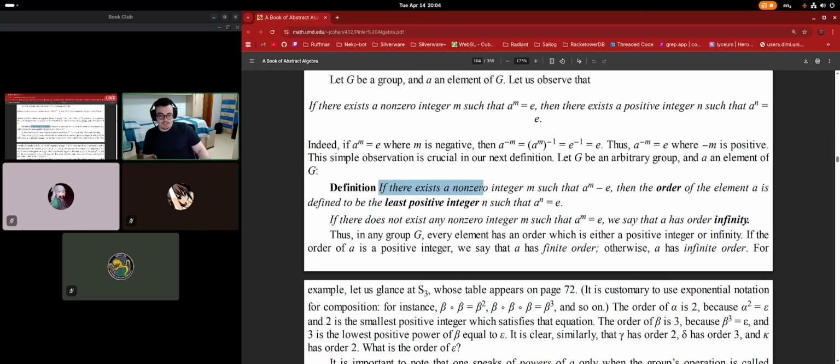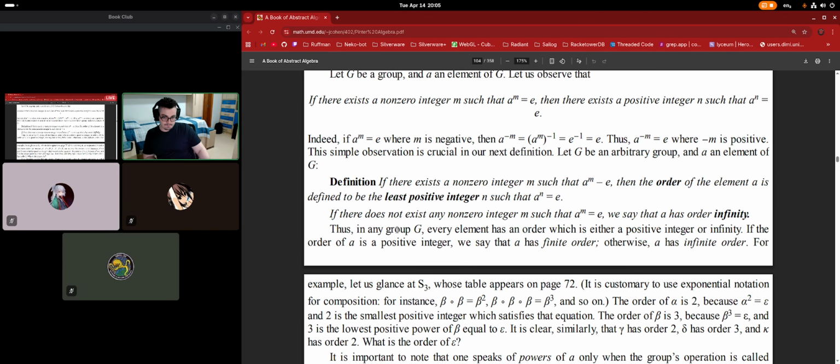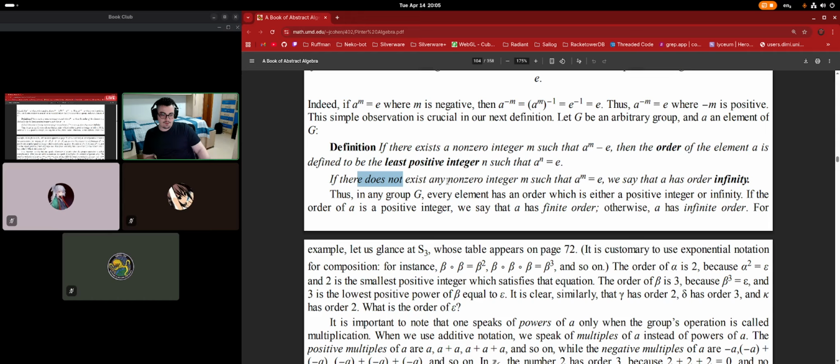Then, if there exists a non-zero integer m such that a to the power of m equals e, this is a typo, right? Then the order of the element a is defined to be the least positive integer n such that a to the power of n equals e. The least positive thing is going to relate to modulo in a bit. If that's not true, if there is no non-zero integer m, then we say that the order is infinity.